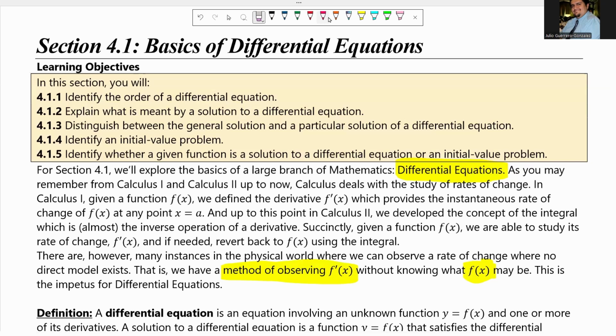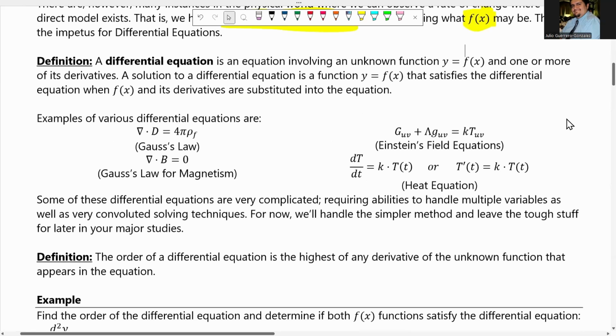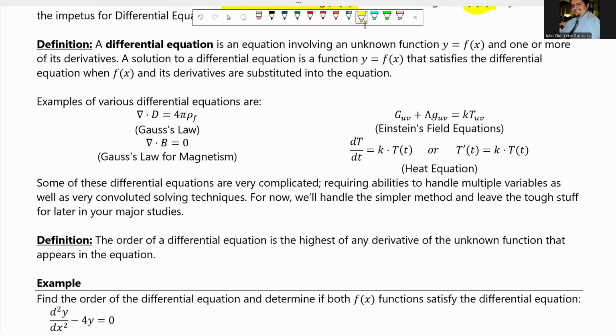So that's the explanation, at least to orient us and get us started. Now let me get into defining what a differential equation is. A differential equation is an equation that involves an unknown function f of x. We have no idea what f of x is, but we can write this differential equation that contains f of x and one or more of its derivatives.